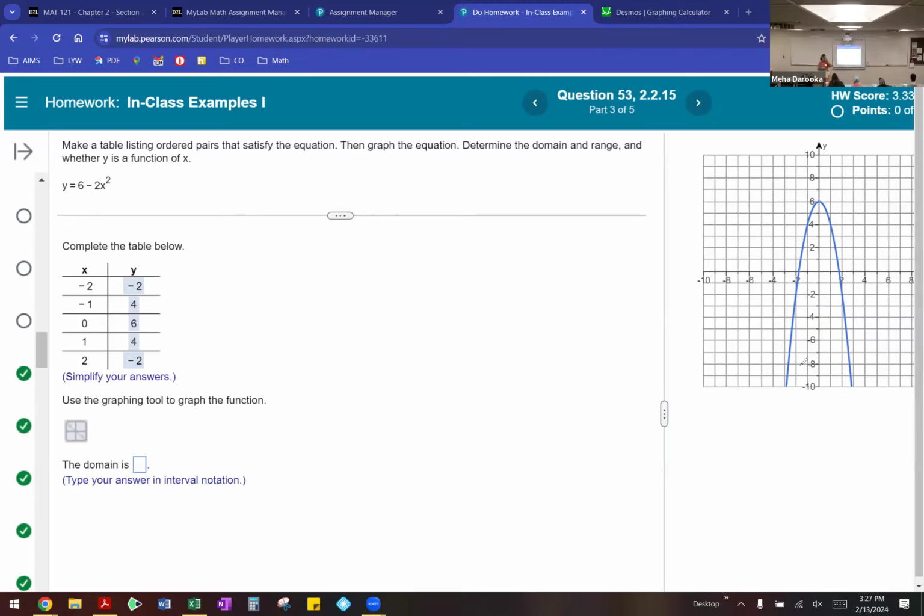Domain for this function. So what kind of x values can we use for our parabola here? Where are those arms heading? It's understood that these arms are going to keep going. It's just negative infinity. Yeah, because again, we can do this on our trusty friend.